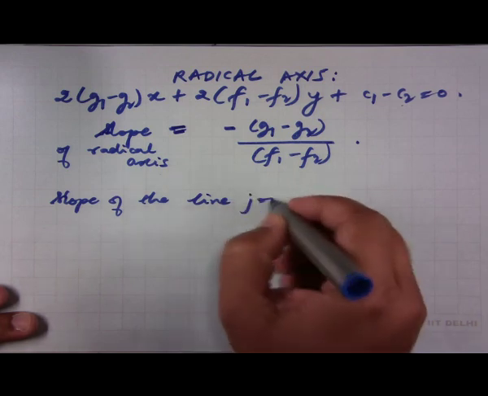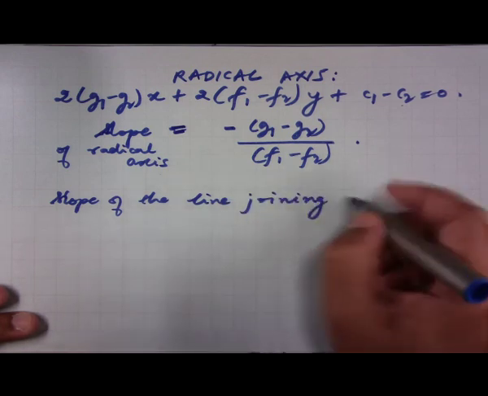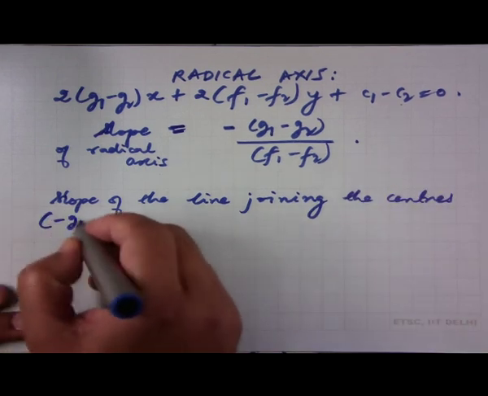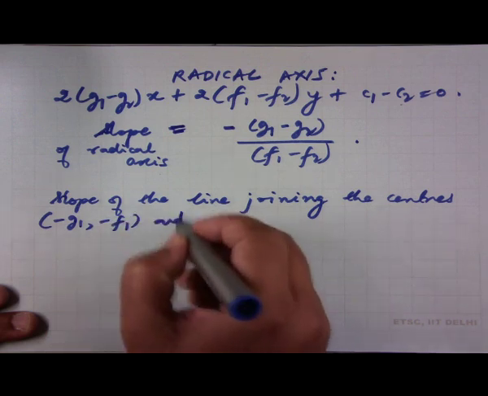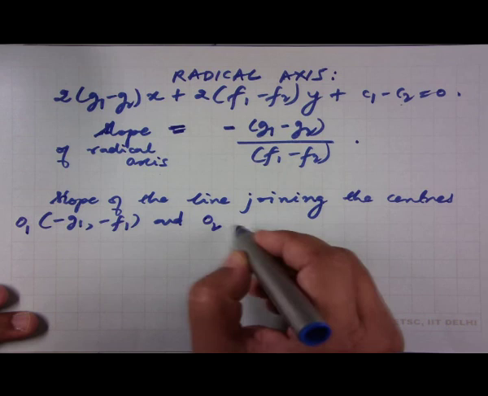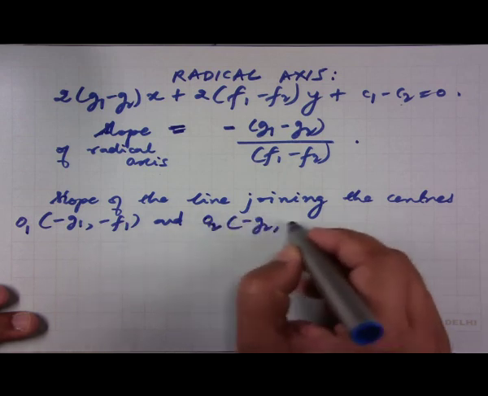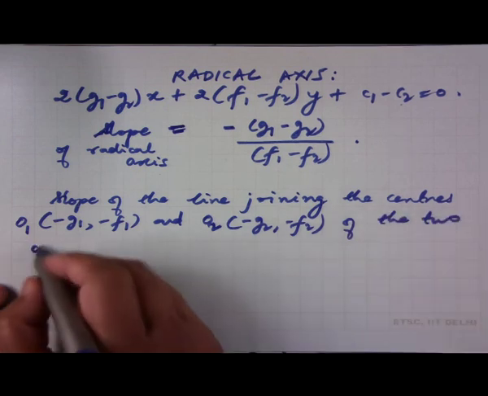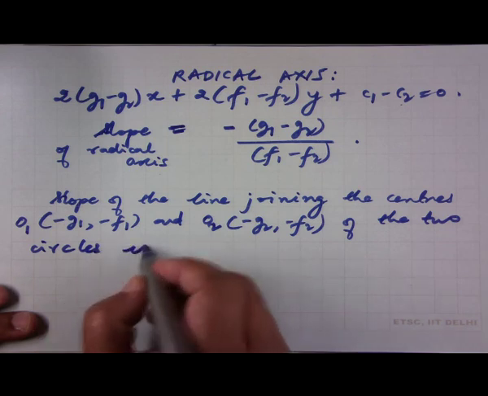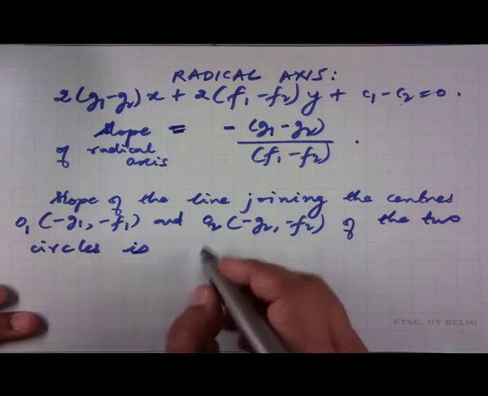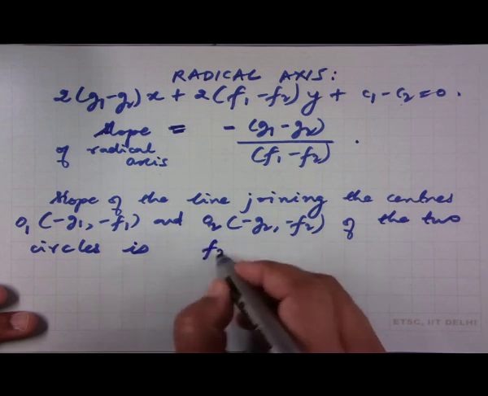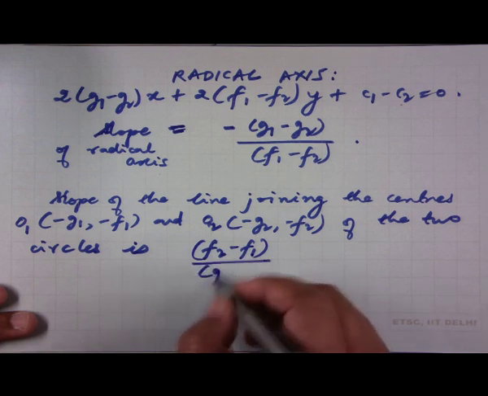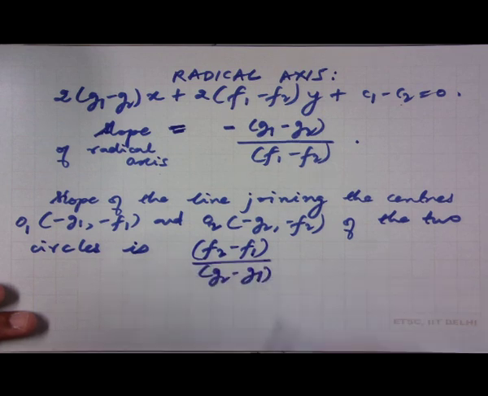The slope of the line joining the centers O1 and O2 of the two circles is F2 minus F1 by G2 minus G1.